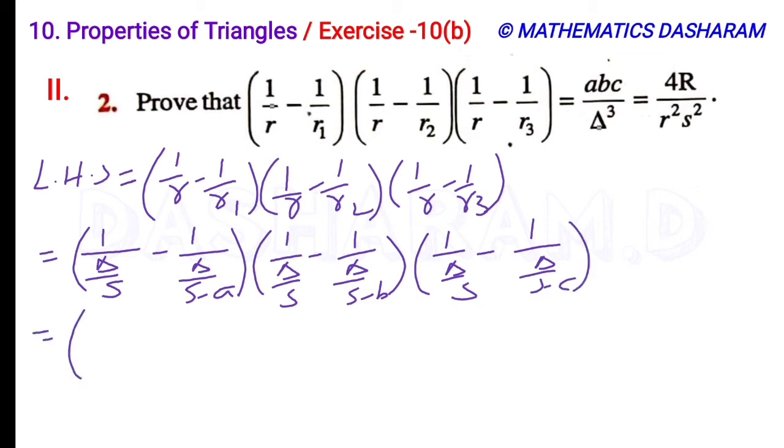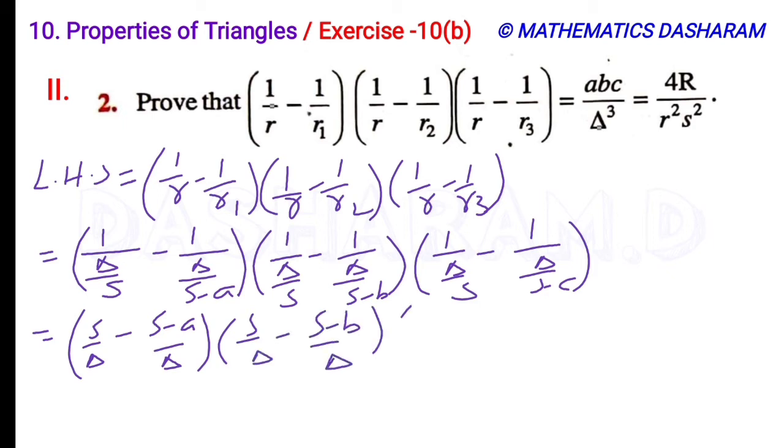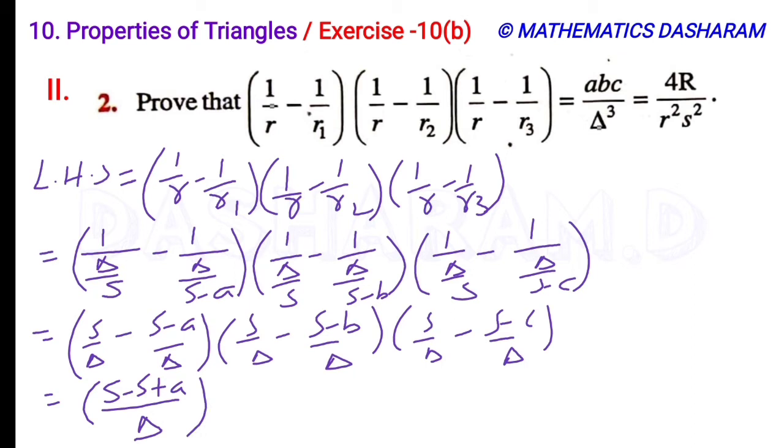So 1 by delta by S means S by delta, and it is S minus A divided by delta. Here S by delta minus S minus B divided by delta, S by delta minus S minus C divided by delta. So it is equals to, here delta is a LCM, then S minus S plus A, because here we will get the bracket symbol.